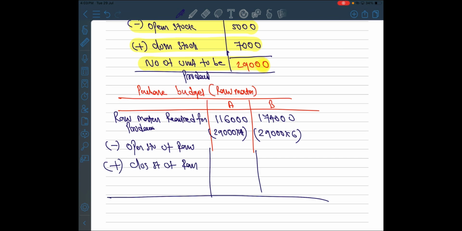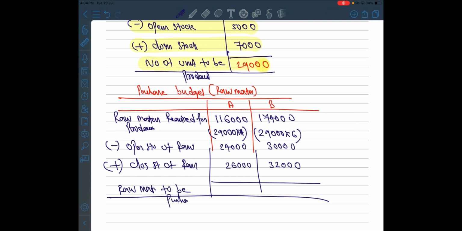Just refer: 24,000 opening of A, okay, 24,000. Then opening stock of B, 30. Okay. Closing stock of A and B: 26,000, 32,000.